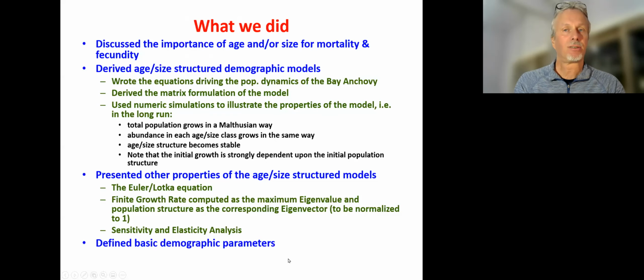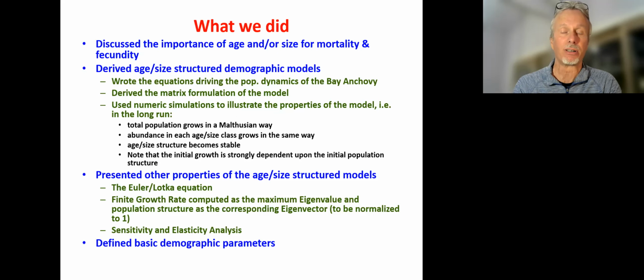With this, we end this part of the class. We discussed the importance of age and size for mortality and fecundity. We derived age-structured demographic models. We did it for the bay anchovy and for the killer whale. We derived all the basic properties of these models.